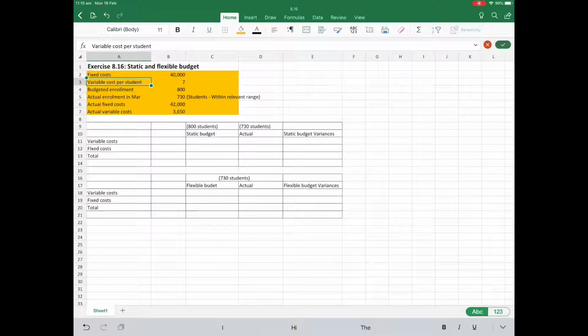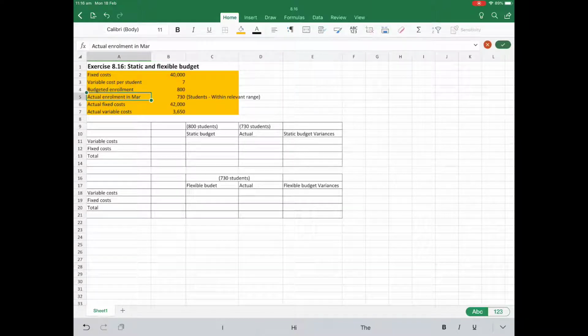When you say how much per something, that means it is a variable cost, because it will vary with the number of students. And the fixed cost is always calculated based on the budgeted volume. In this question, it is the number of enrollments, and they are expected to have 800 students enrolled.